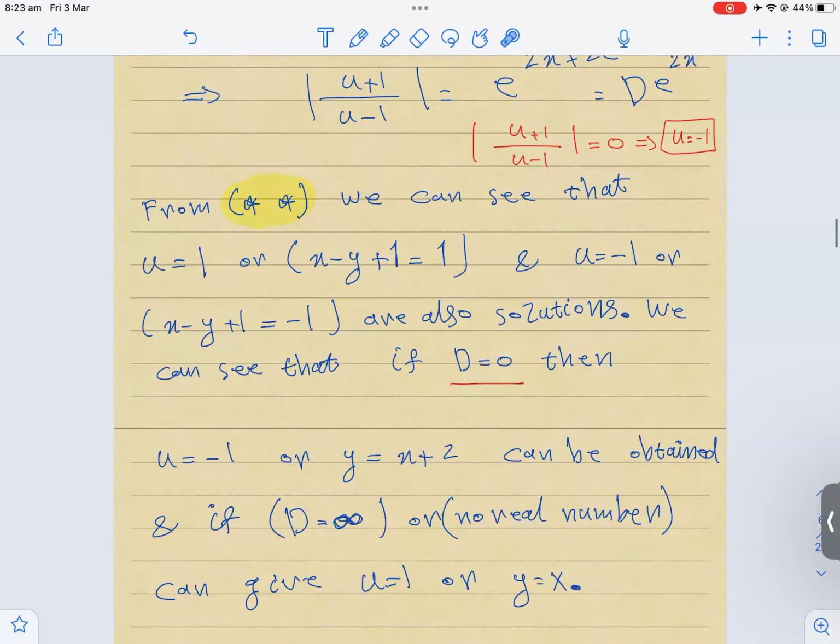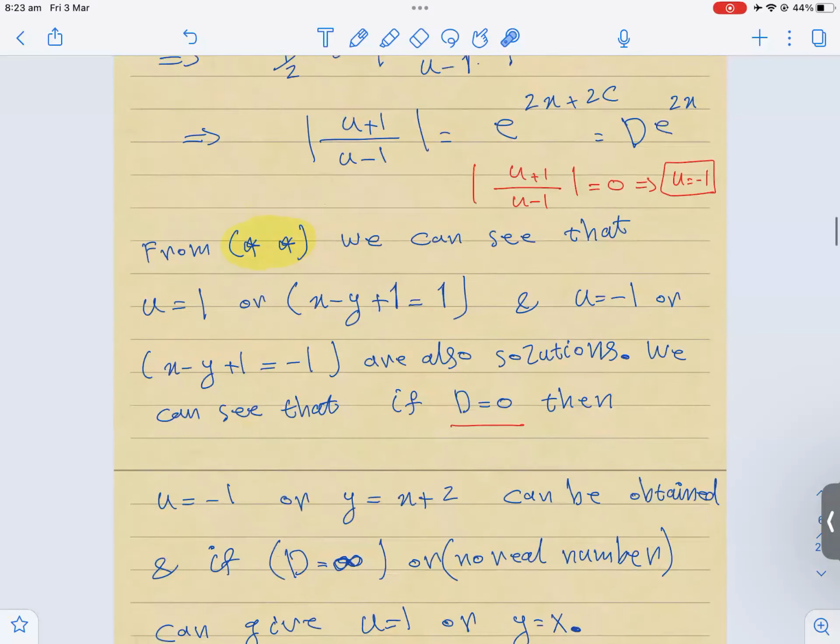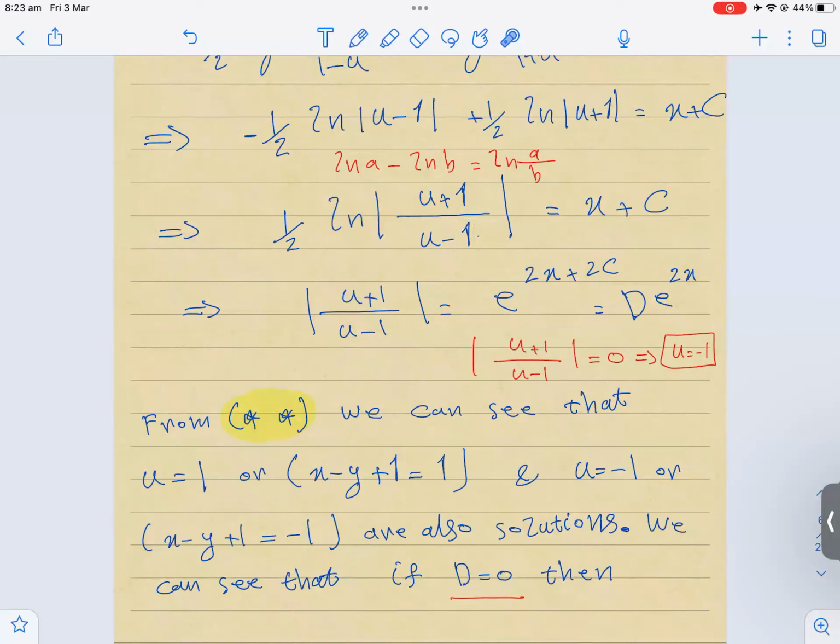So what's the conclusion? Okay, these things are not written in your written-up version of the solution. So this equation, where u is x minus y plus 1, you substitute it and you know that not all of the solutions can be represented by this equation here.